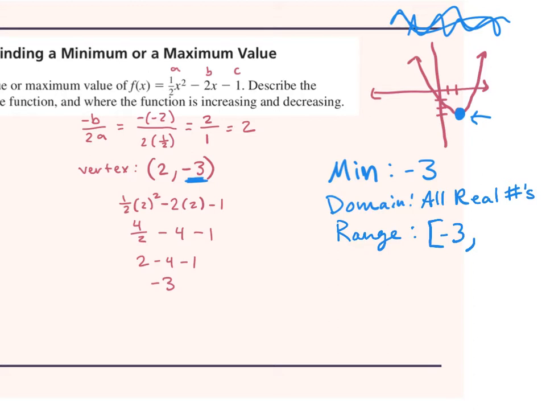Remember, we're looking at the y values for range. So our y values are on the vertical, the y-axis. What is our highest y value here? Does our graph ever stop going up? No. So it would be infinity.